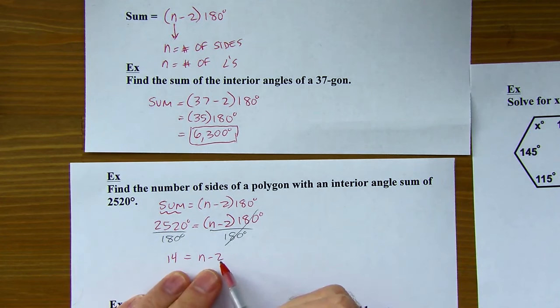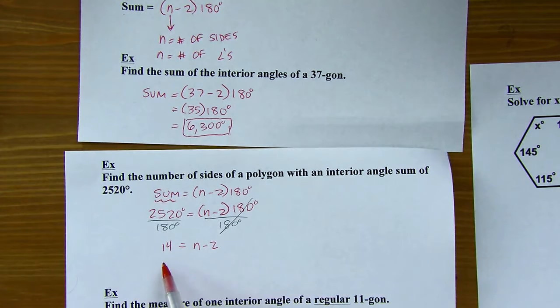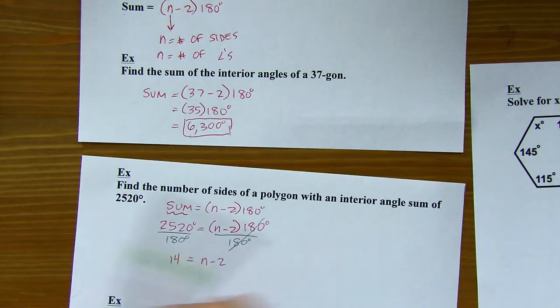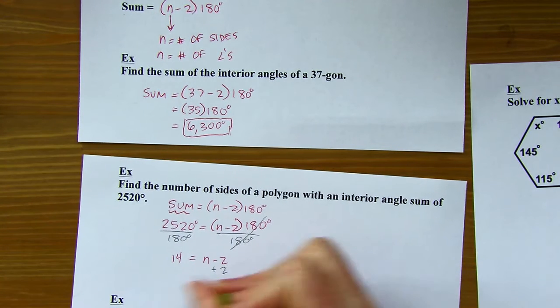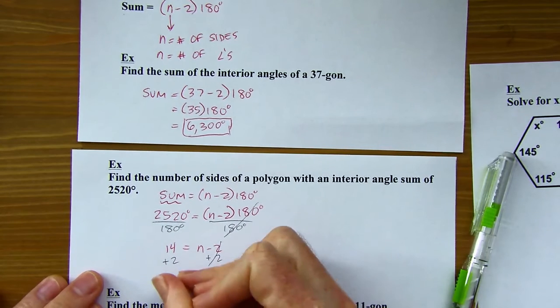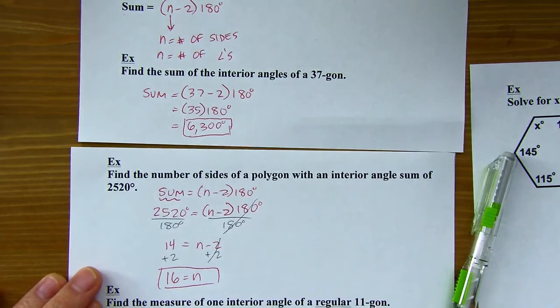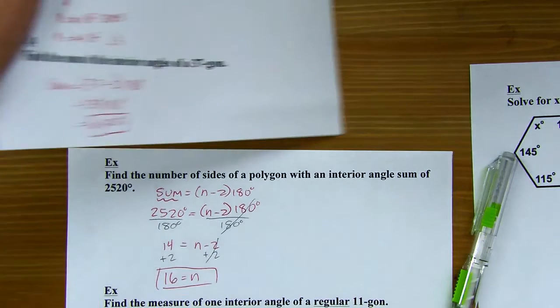But you've got to remember that's what n minus 2 equals. So that's like, there's 14 triangles if you cut it up, but that's not the number of sides. Still have to add 2 to both sides here, and so my final answer is going to be 16, not 14. Okay, there's the number of sides. It would be a 16-gon.